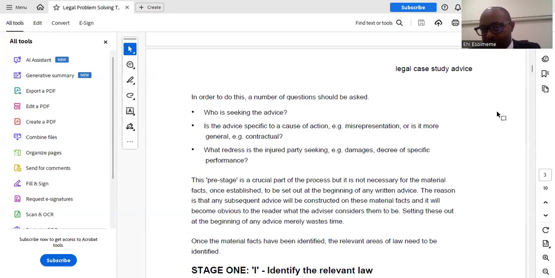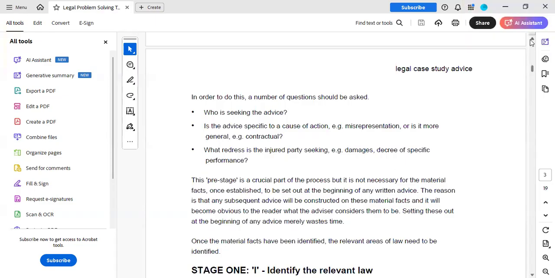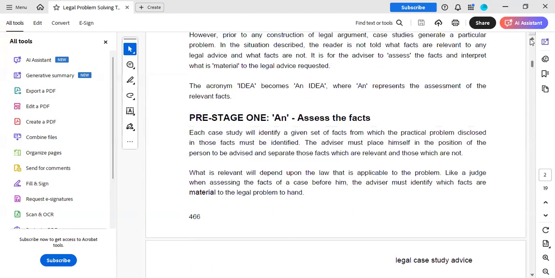It is very, very key to understand that the material facts have to be identified at this stage. Once you know what the material facts are, it makes it much easier for you, just like a judge. When the judge is assessing the facts of a case, the advisor must identify which facts are material to the legal problem at hand.